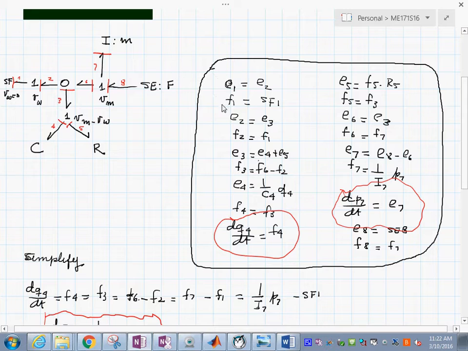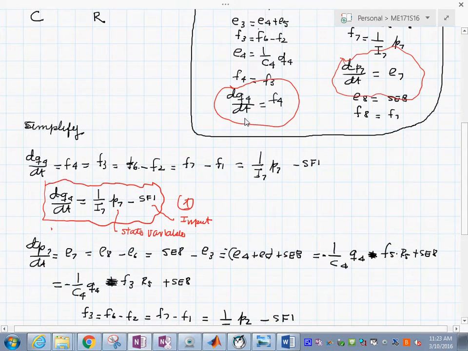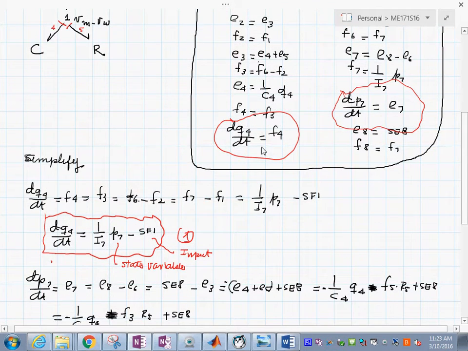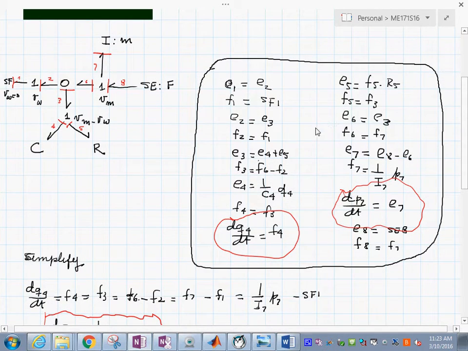And in here we reduce it to two expressions by substituting, like dq4/dt was f sub 4, and then f4 was f sub 3, and then we had this f sub 3 is f6 minus f2, and so on.